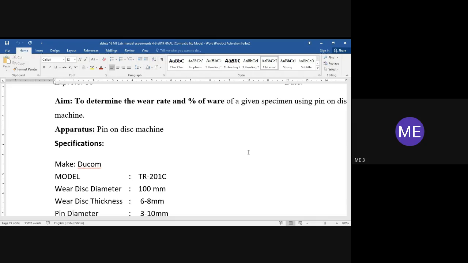After 2 years, the weight may be reduced to 49 kg because of the wear. How many years did it take? 2 years. That is, initial weight is 50 kg, the final weight is 49 kg, divided by 2 years. The 2 years you can convert into hours or minutes. That is the basic principle used in wear testing.